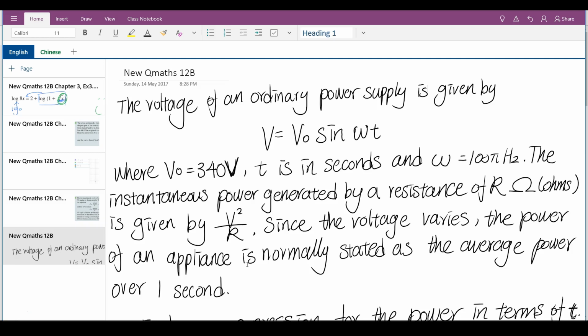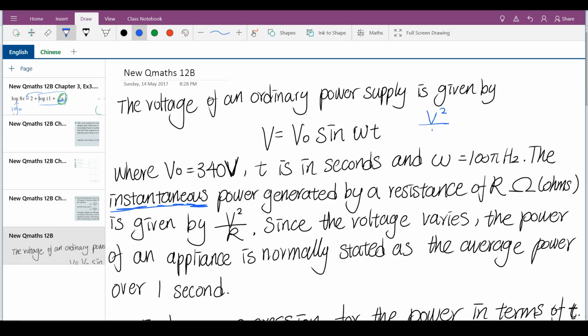And it says here, I'll use a different pen, the instantaneous power generated by a resistance of R ohms, which is a resistance, is given by V squared over R. So we can right now put a little equation on the side.